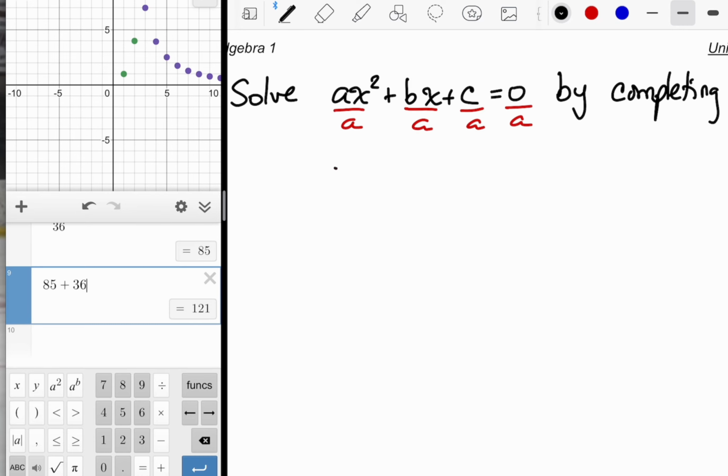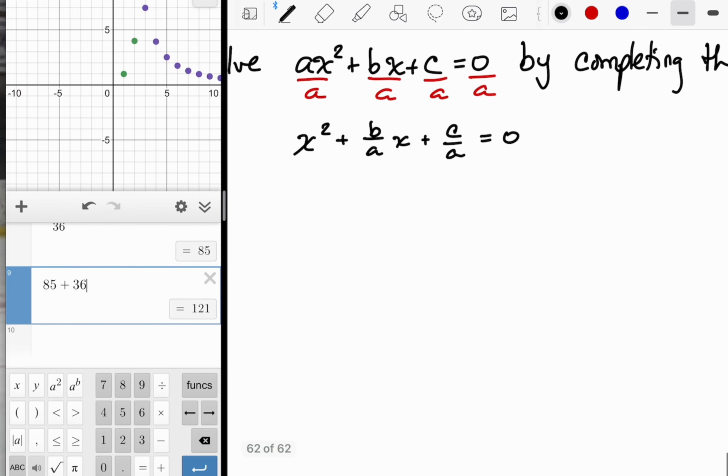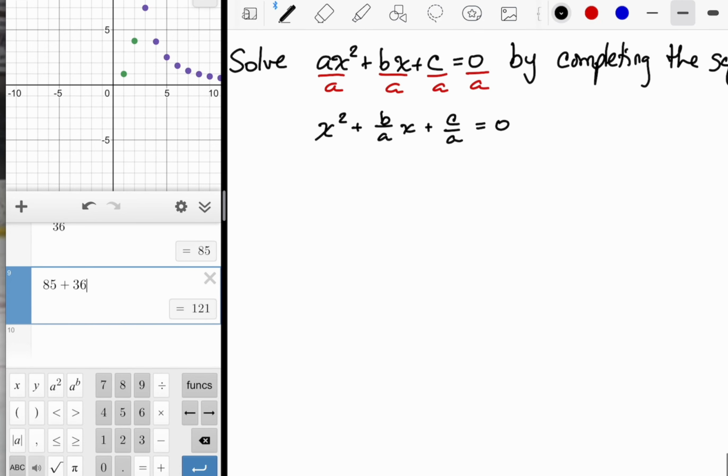So x squared plus b over a x plus c over a is equal to 0. Then we do our side work. If it's a matter of taking a 2, cutting it in half and squaring it, you probably don't have to write the side work.